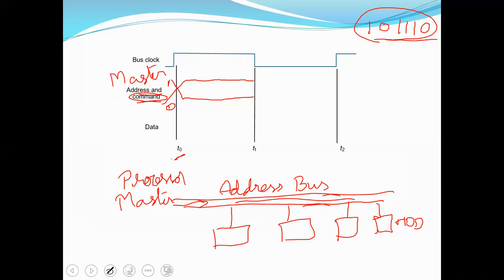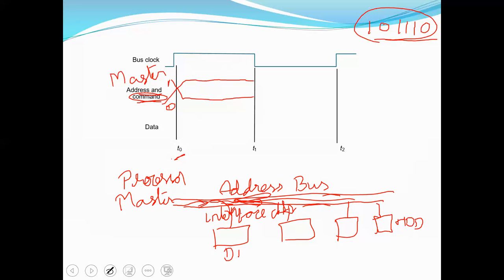Now all those devices receive this address, and this address is decoded, and control signals are decoded, and in the interface circuit of these devices, it checks whether the address which is being passed is this particular device's address.